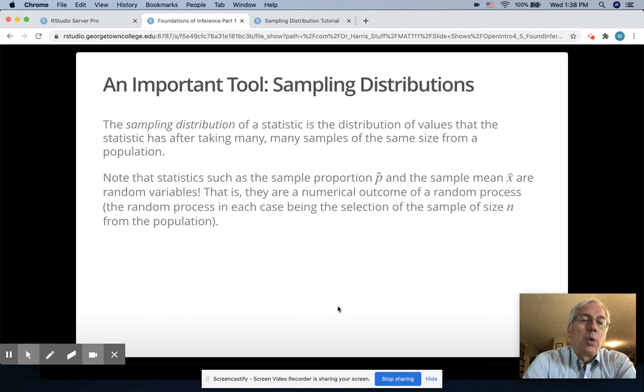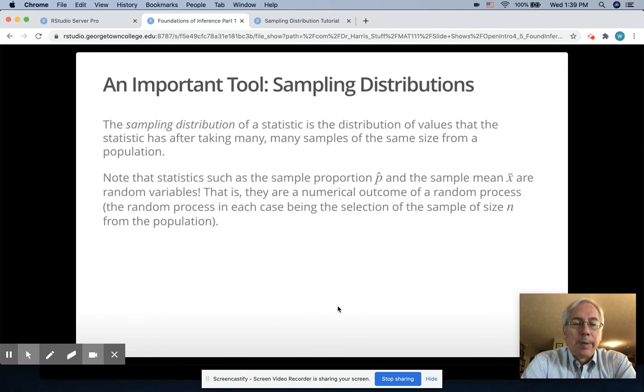And so what a sampling distribution describes is what the distribution of a whole bunch of sample proportions would look like, or sample statistics, but in this case, sample proportions. So if we took many, many samples of the same size from a population, what would the density plot of all the sample proportions that we computed from all those samples look like?